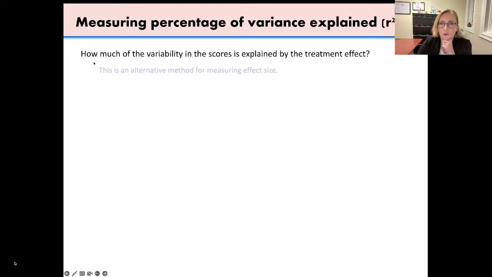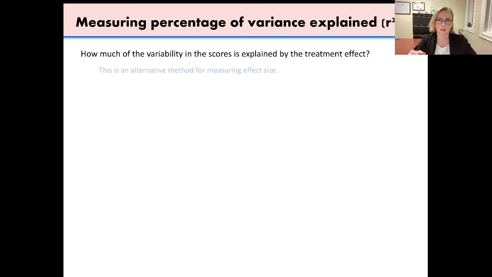Another way to look at treatment effect, how strong was my effect, is instead of calculating Cohen's d, asking how much of the variability in the scores is explained by the treatment effect. So the variability in scores, right? People are different. We get a normal distribution.